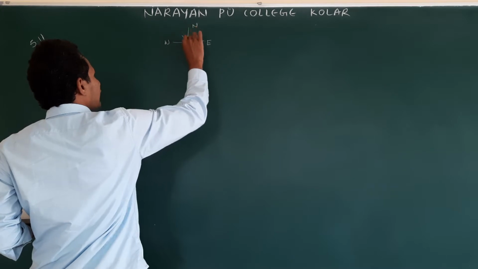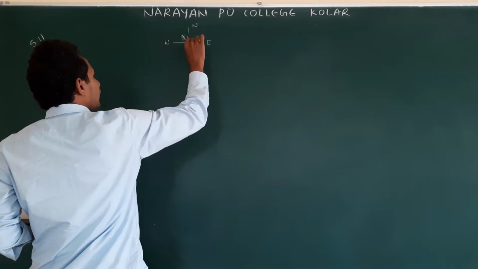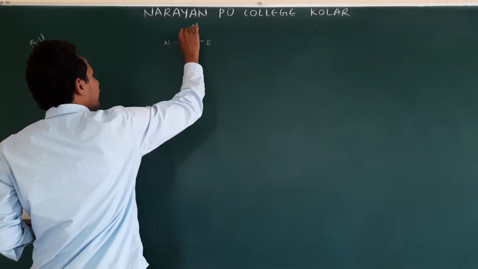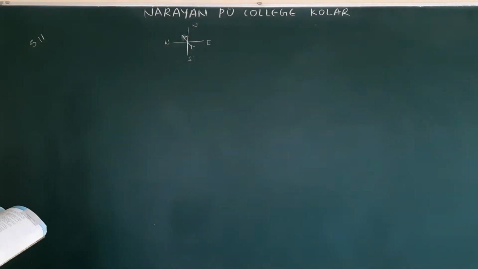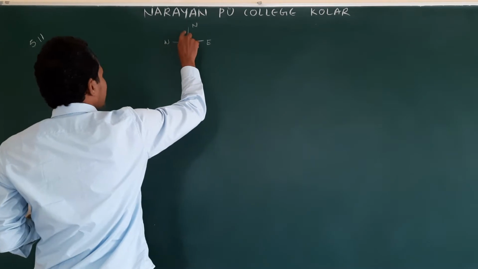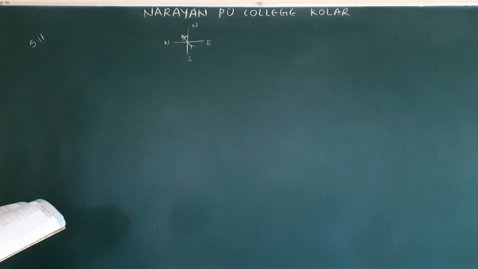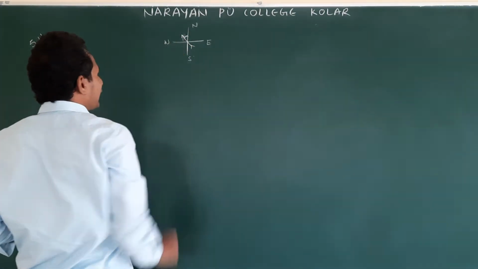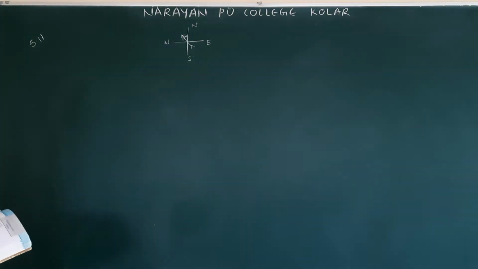If you take this as a compass, this side, west of north they mentioned. So west side, 12 degrees north. Don't worry about this angle, that will not affect.